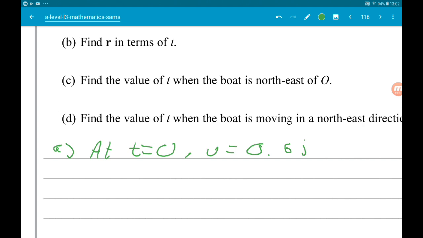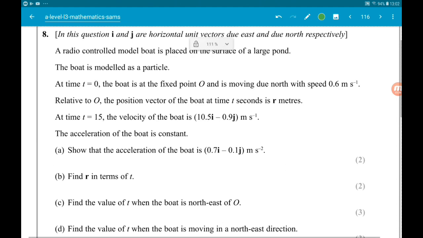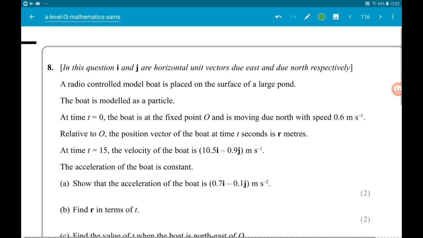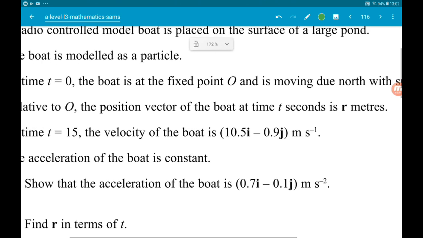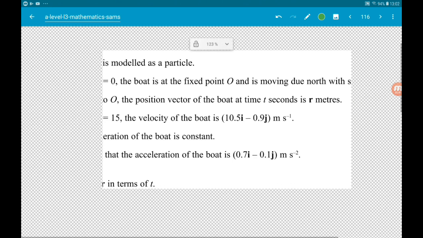And then at t equals 15, our velocity, which we're now going to call v, is 10.5 I minus 0.9 j.